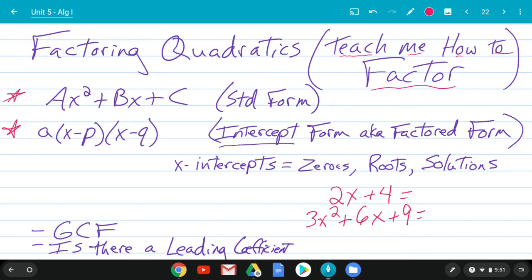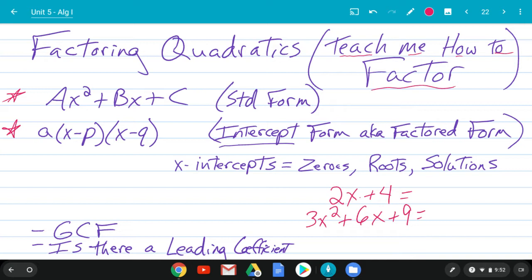You have memorized them and done well on your quizzes. Intercept form is also known as factored form. Remember, it was a times x minus p times x minus q.